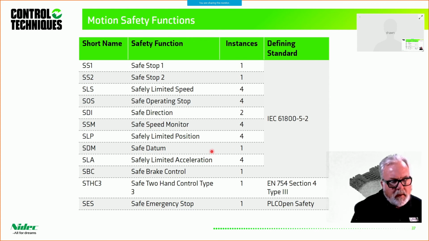Safe datum is a safe starting position. That's a datum, a European British term. That's home or the origin. So SDN, I can have 1 instance of that. So you get the picture here. And then it calls out the defining standards that are used in conjunction with these motion safety functions.